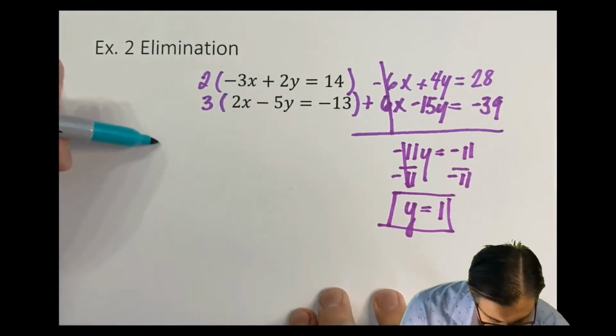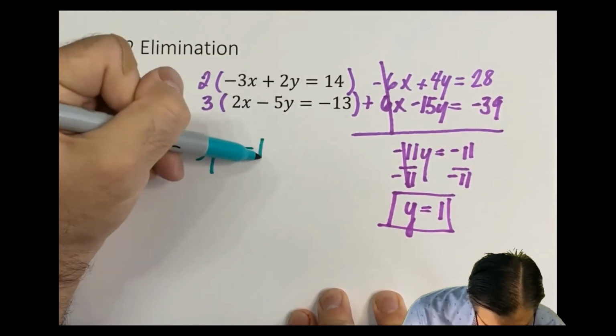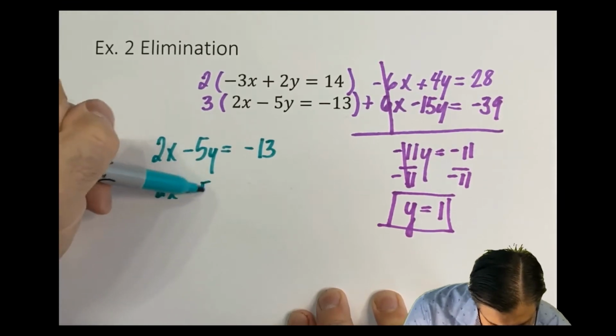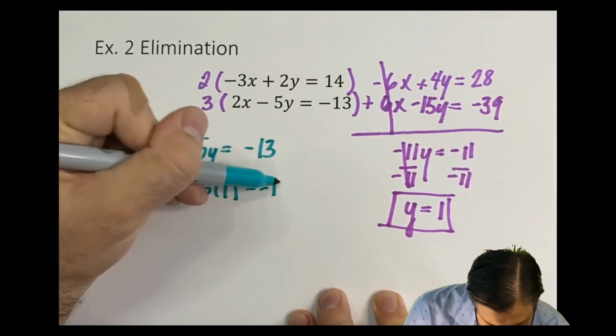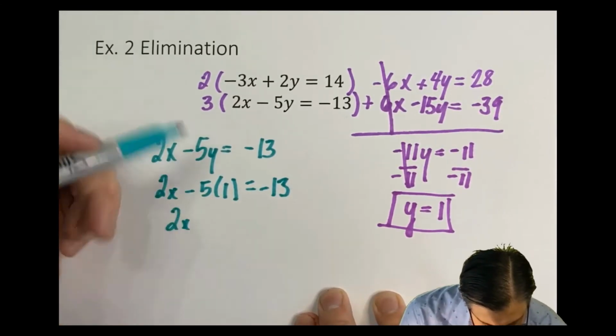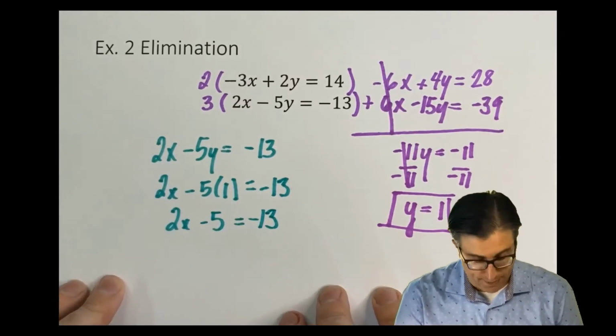Well, if y equals 1, I need to solve for x. So I pick an equation. So let's go with 2x minus 5y equals negative 13. And I plug in 1 for y. 2x minus 5 times 1 equals negative 13. Multiply: 2x minus 5 equals negative 13. You'll get to a two-step equation.